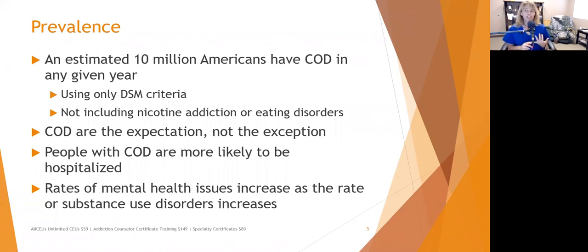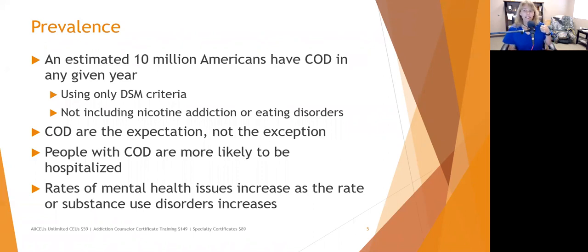People with co-occurring disorders are more likely to be hospitalized than people without them, because the two things are additive. When you have somebody who is clinically depressed plus they're misusing opiates or cocaine in order to self-medicate, it's more likely that those two things are going to end up resulting in either a severe substance issue or a really severe depressive episode requiring hospitalization.